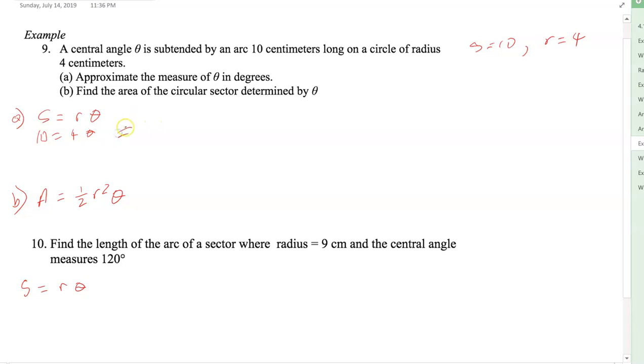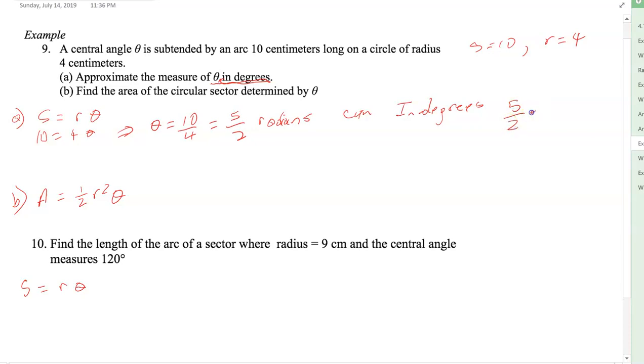So that means theta is equal to 10 over 4, equal to 5 over 2. Well, what measure is this in? This is in radians, right? And we want to get it to degrees, because that's what the question asks us to do. To convert to degrees, we multiply by 180 over pi.